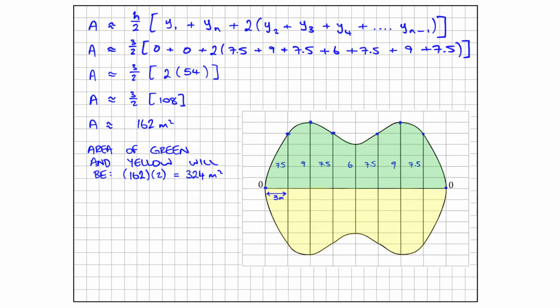Okay, so that would be the first part of that question. And in 2019, that was worth 15 marks.